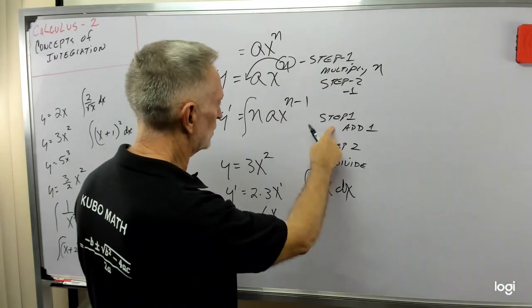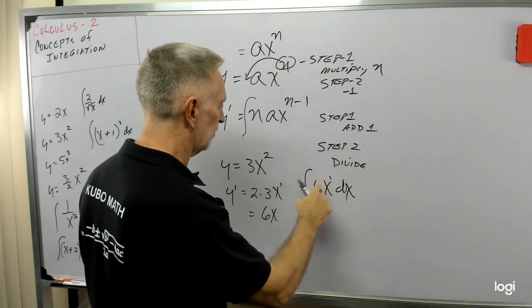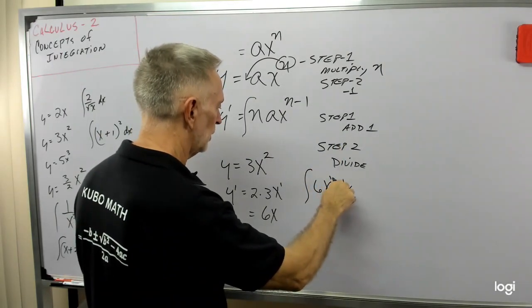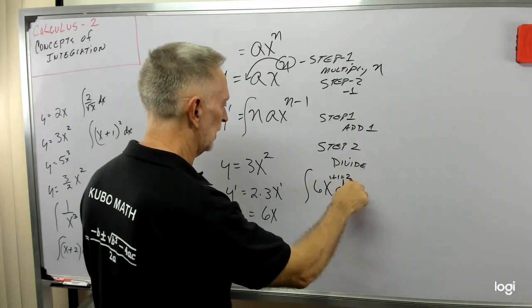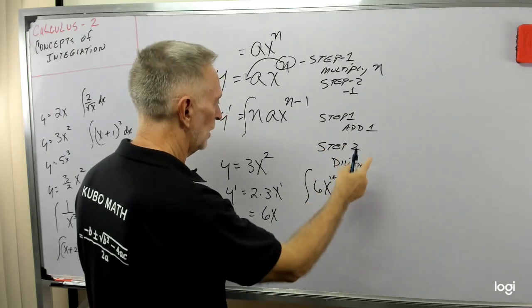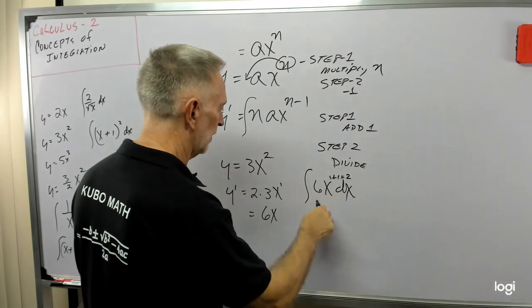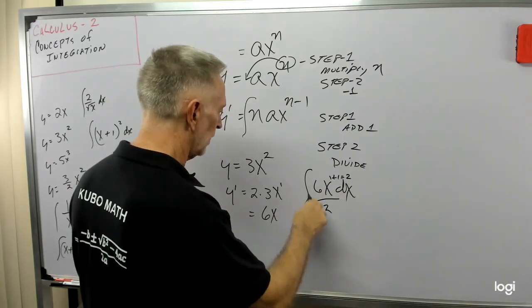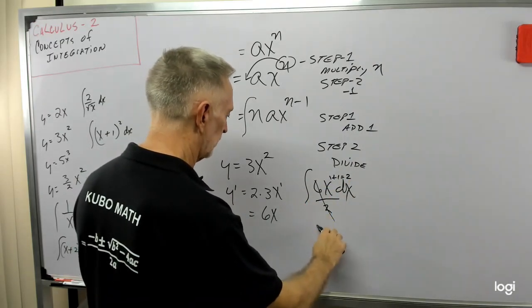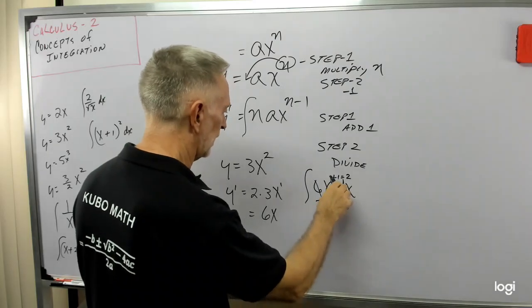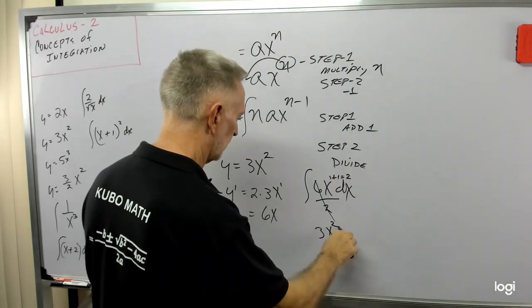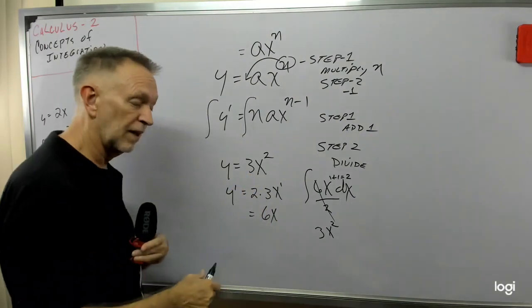So we said step 1, add 1. So I'll have 6x to the first. I'm going to add 1 to that, and that equals 2. Then I'm going to divide by that 2. So that gives me 6 divided by 2 is 3, x to the second power. Whoa. Hey.